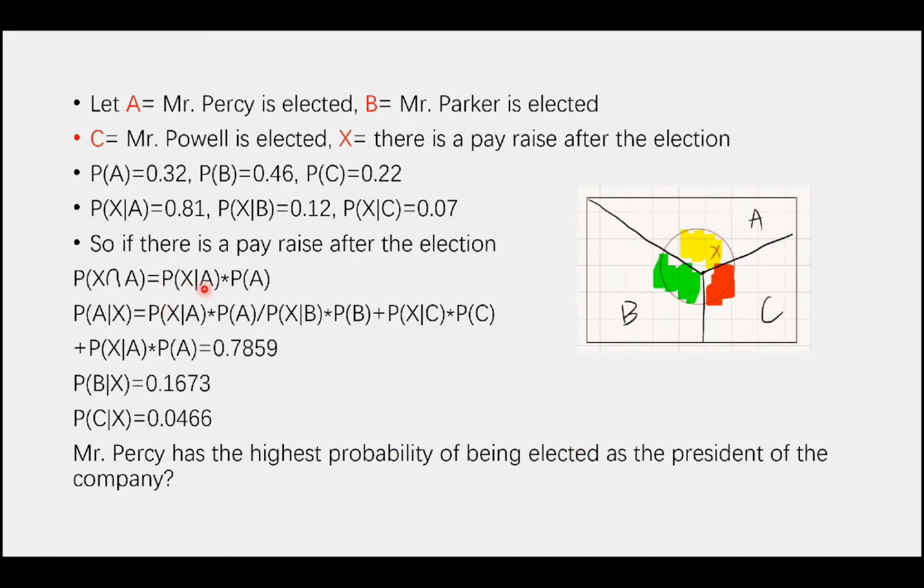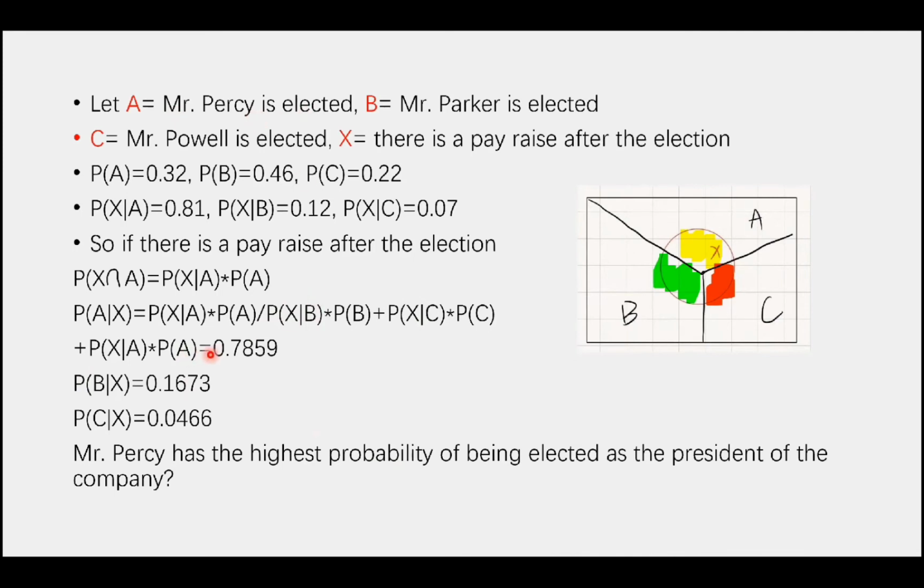This is a formula that I already showed you, and we can just multiply this one and this one. And because we have to add B and C, we only have to divide by this part, and then we can know the probability of Mr. President if he is elected.